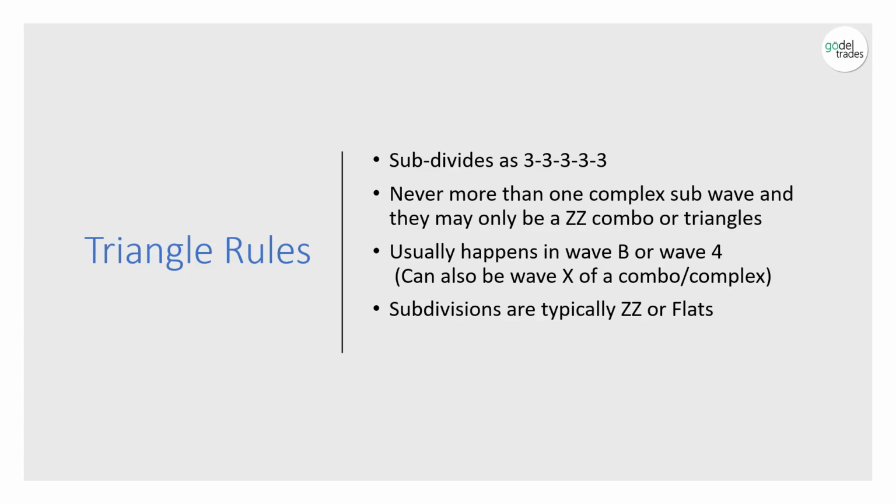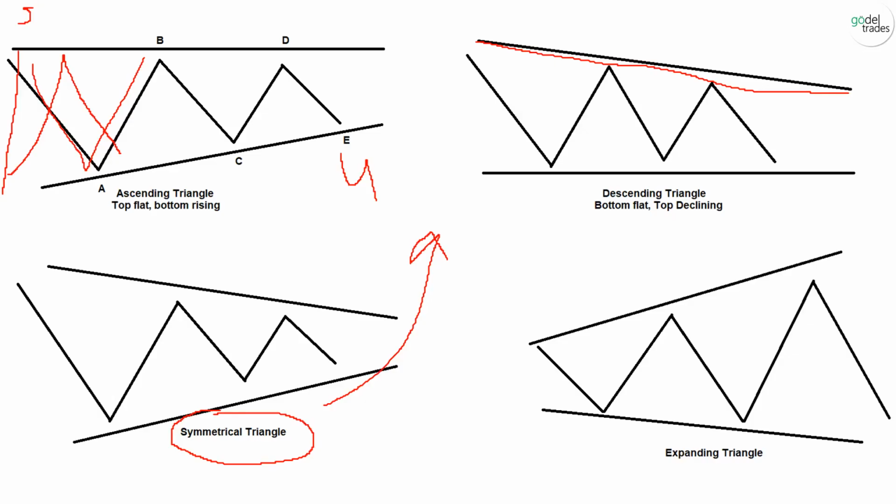Some of the rules of a triangle: they subdivide as 3, 3, 3, 3, 3. So you would have 1, 2, 3, 1, 2, 3, 1, 2, 3, 1, 2, 3, 1, 2, 3, if that makes sense.